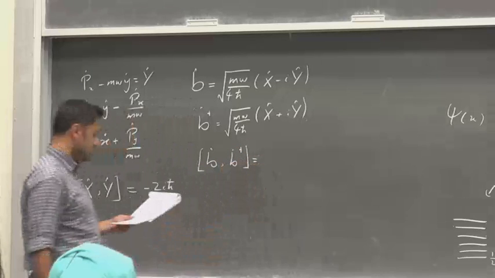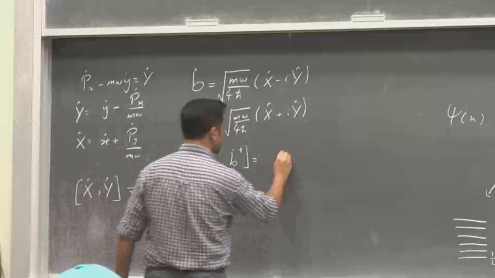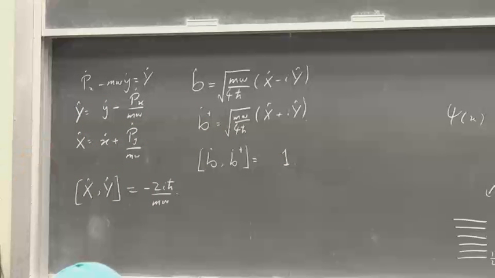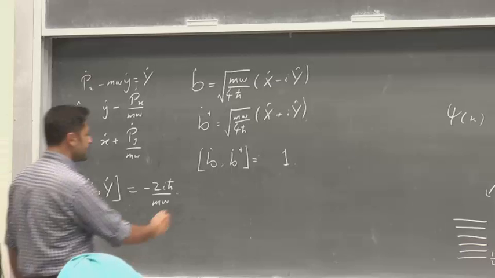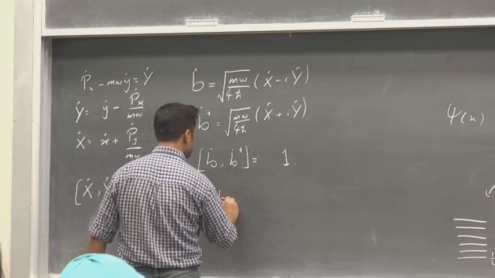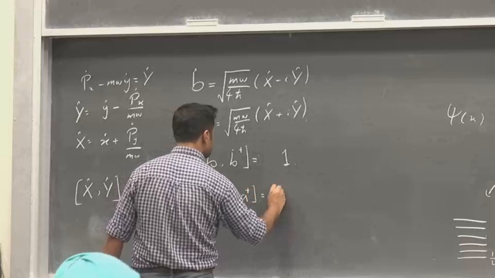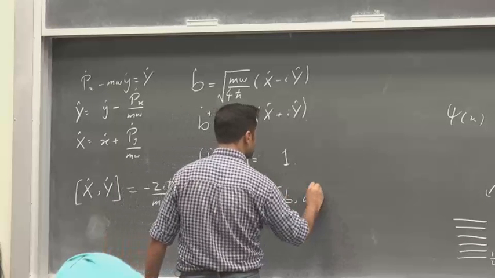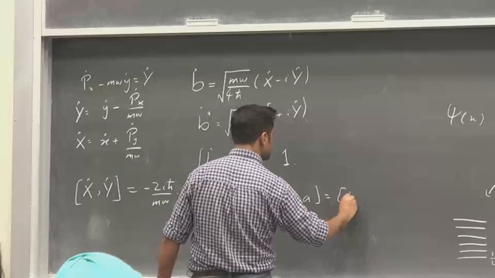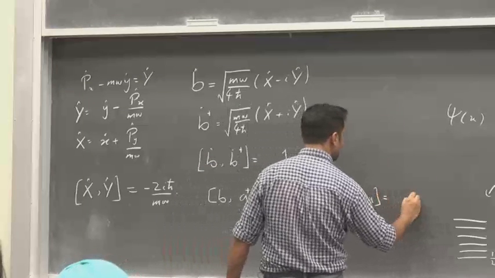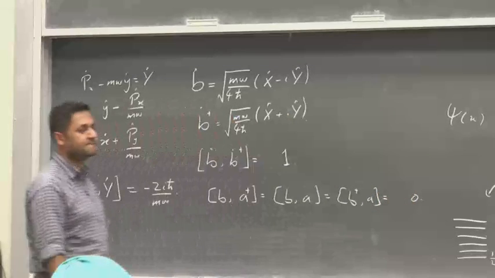This gives you equal to 1. वही जो calculation वहाँ थी, you can go through it again. But if you compute this, all these, they are zero.